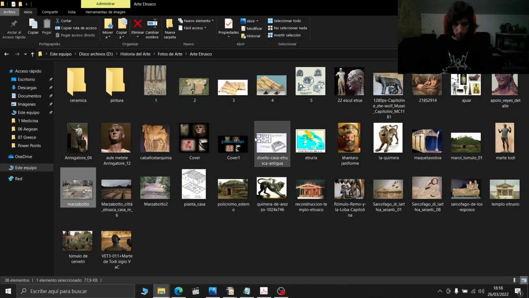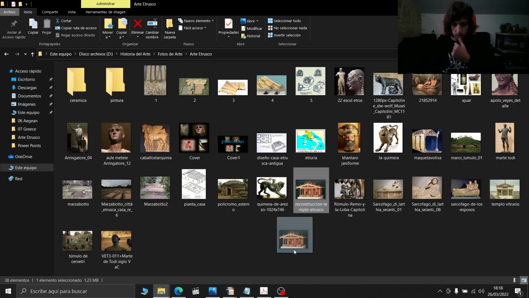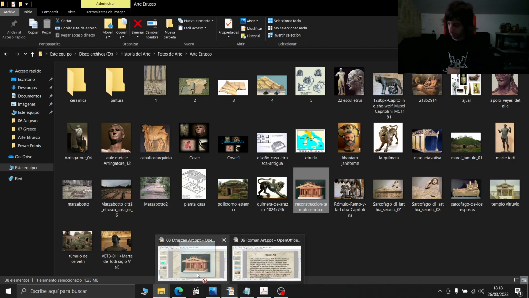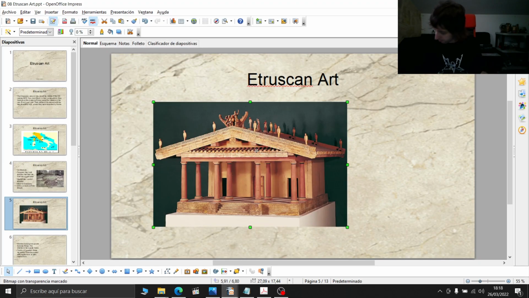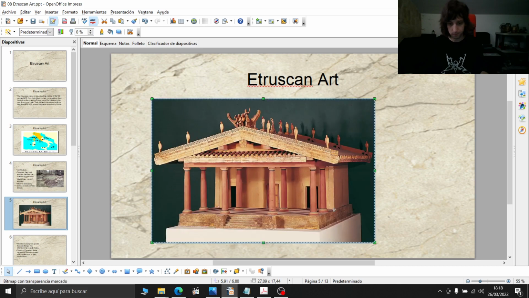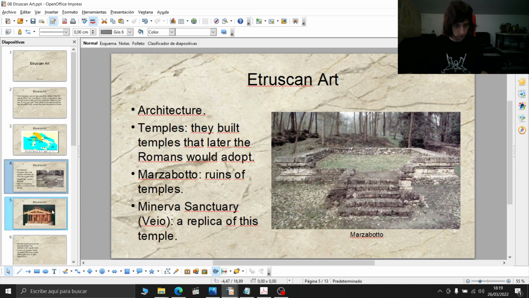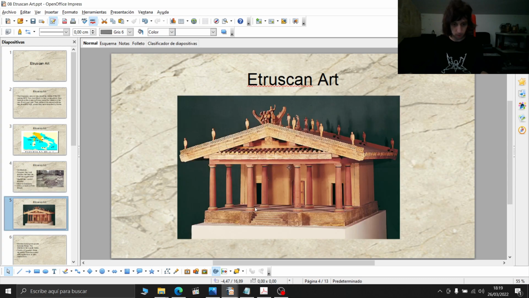Next one, the Temple of Minerva. This one is not. It is this one. So this is the Minerva Sanctuary in Veii.